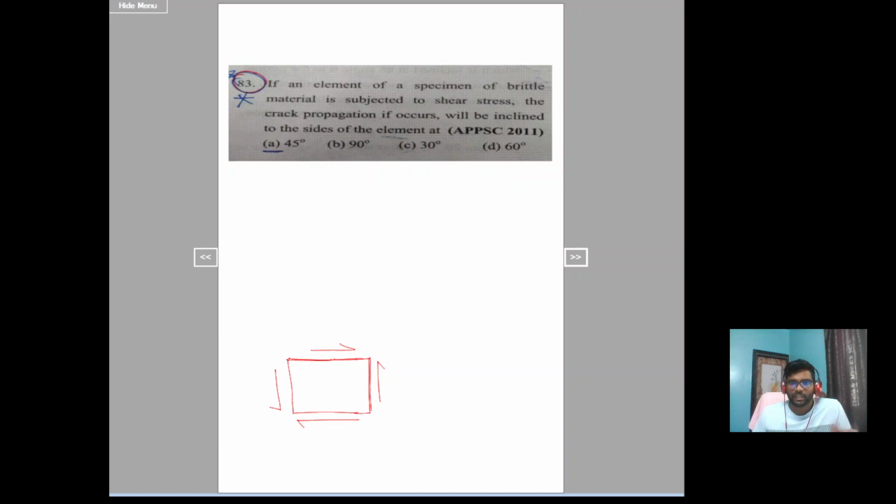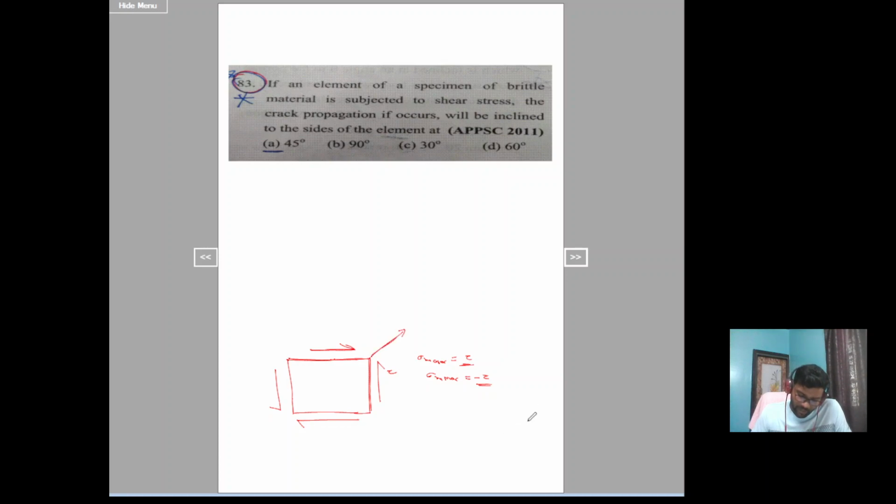Why? The brittle material will fail due to tension, because it is weak in tension. If you see this stress condition, sigma major will be tau and sigma minor will be minus tau; that is compression, this is tension. Let's directly do it.